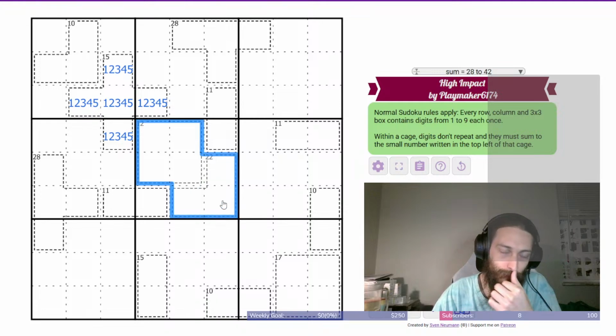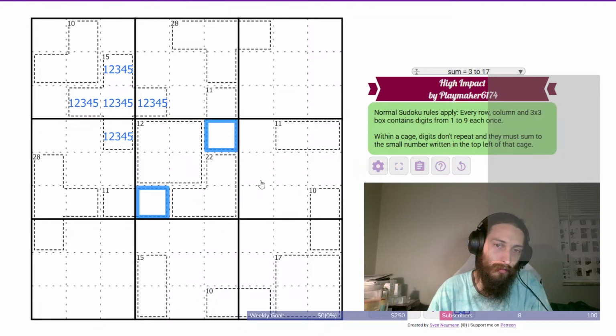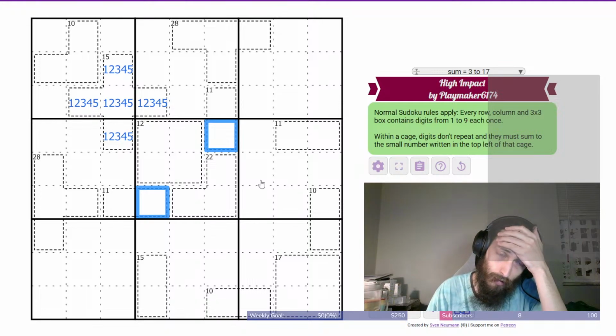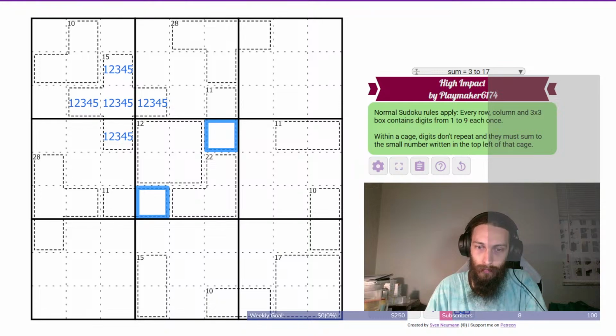Well, this is 34, which means the remainder is 11, which feels significant, but I can't think why. Well, those are 11 cages, so if you color them red and blue, then you know where red and blue are.